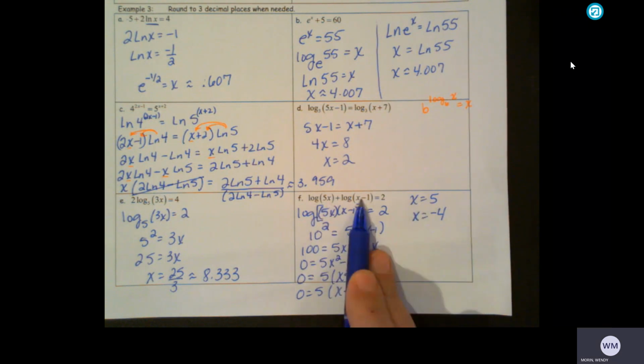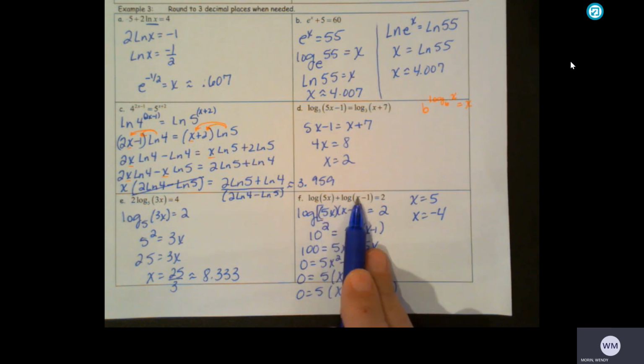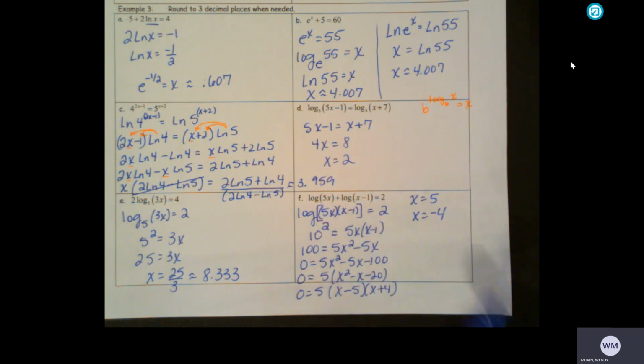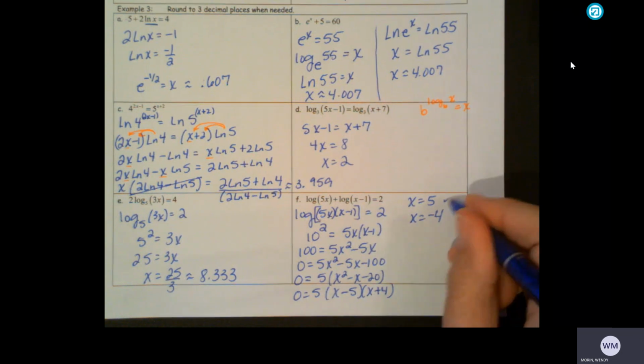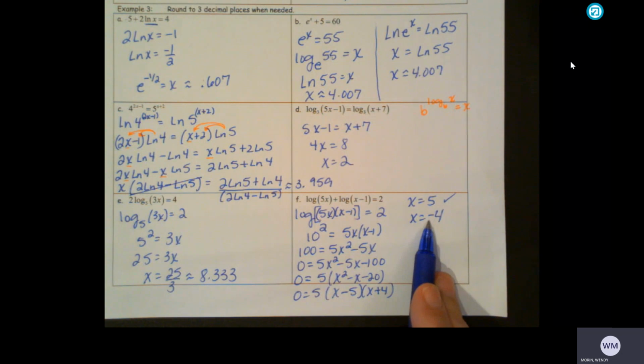When I plug in 5, I get 4. So that's the log of 25 plus the log of 4, which is the log of 100. Is the log of 100 equal to 2? And the answer is yes. So that one works. Let's check negative 4.